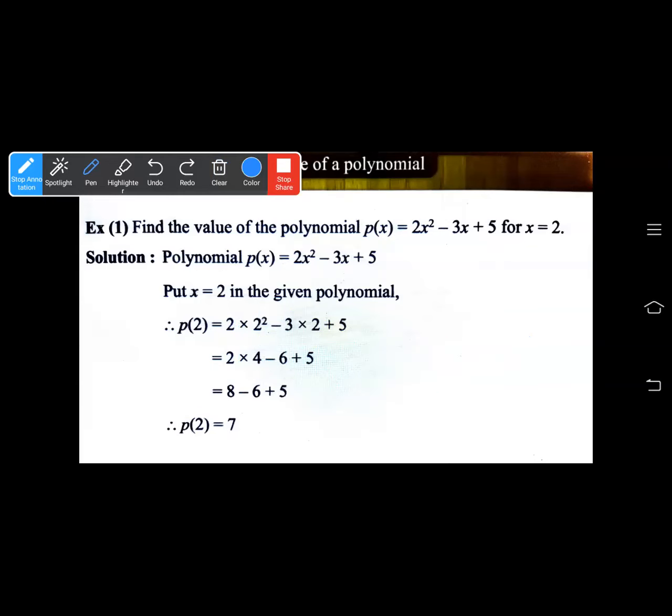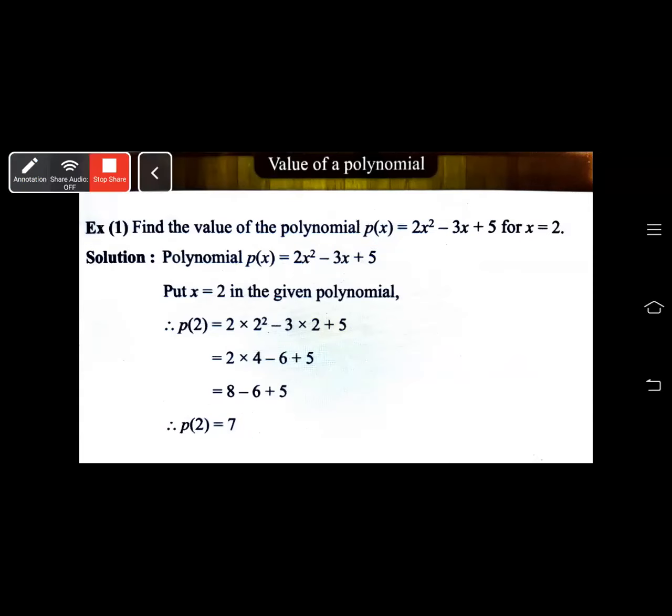So p of 2 is equal to 7. So the value of the polynomial is 7. Okay. Let's move towards the next question.